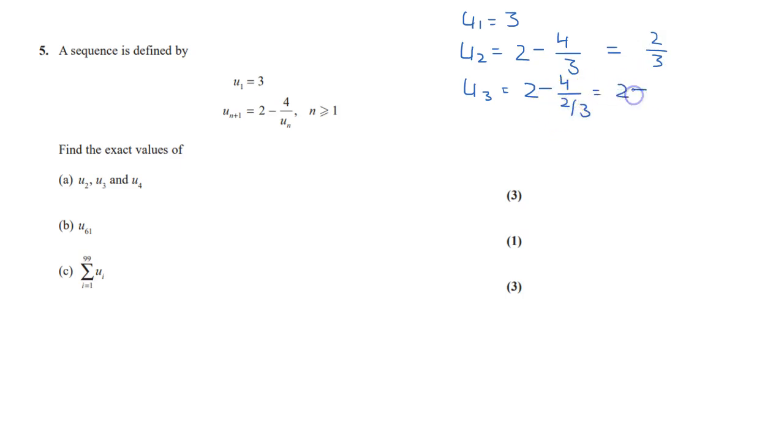So that is 2 minus 4 times 3 is 12 over 2 is 6, minus 4. u4 is 2 minus 4 over minus 4. So that is 2 plus 1. So that is 3. So what we have here: 3, 2 over 3, minus 4 and 3.